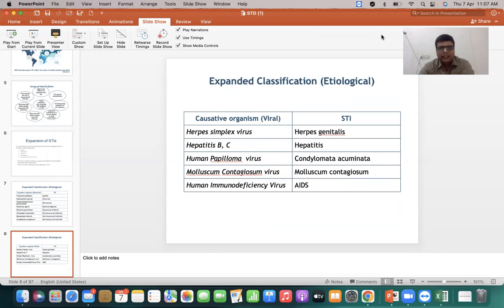In viral, we study herpes simplex virus, which causes herpes genitalis, hepatitis B and C, which cause hepatitis, human papilloma virus, which causes condyloma acuminata, molluscum contagiosum virus, which is also called a pox virus, causes molluscum contagiosum, and HIV, which causes AIDS.